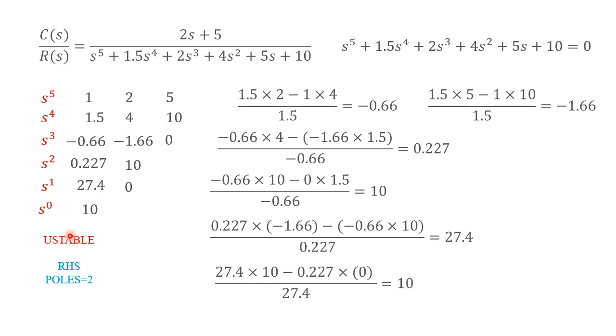Now let's see another example. Now we have this characteristic equation. Let's write it in a Routh Hurwitz table form. S5, then 4, then 3, 2, 1, 0.